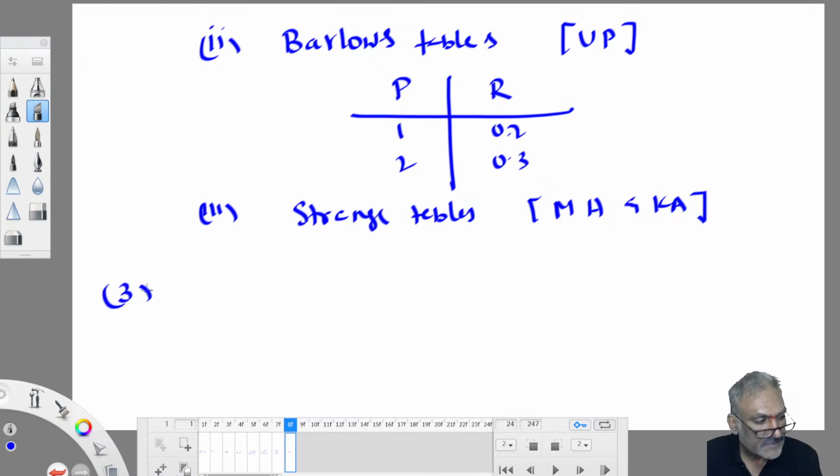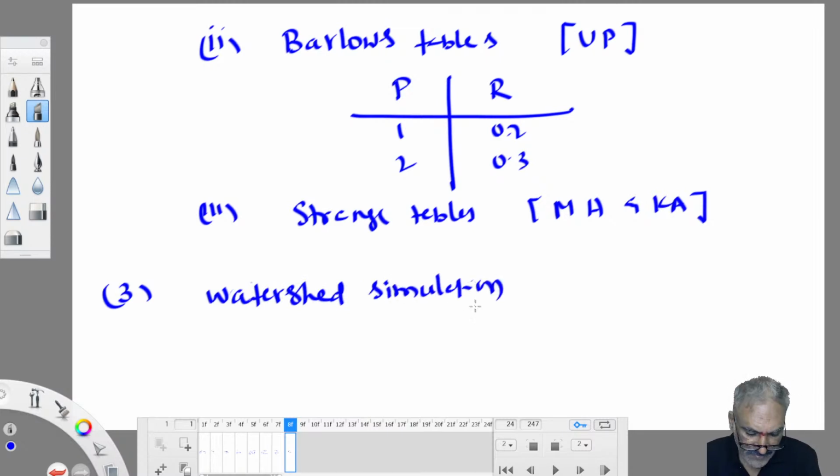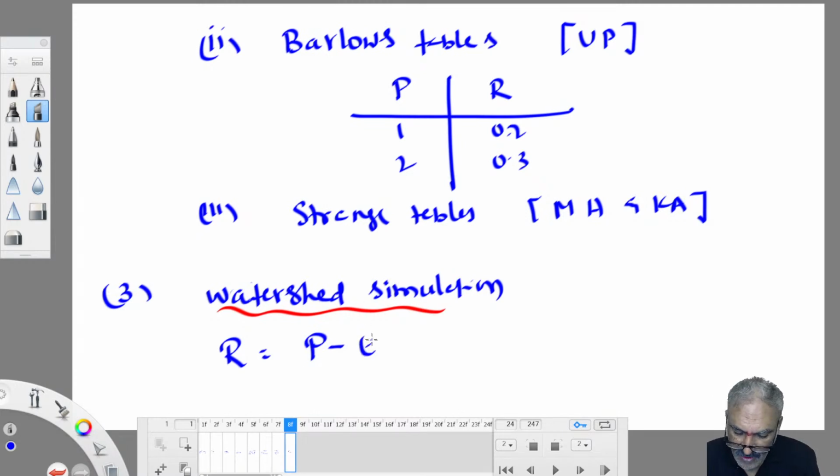Then the third method is watershed simulation. Here the watershed is treated as a system. The system receives certain inputs and produces some output. That output component is in the form of runoff. The input is rainfall minus catchment losses: rainfall minus evaporation, minus transpiration, minus evapotranspiration, minus infiltration, minus other losses, then you get the runoff component.